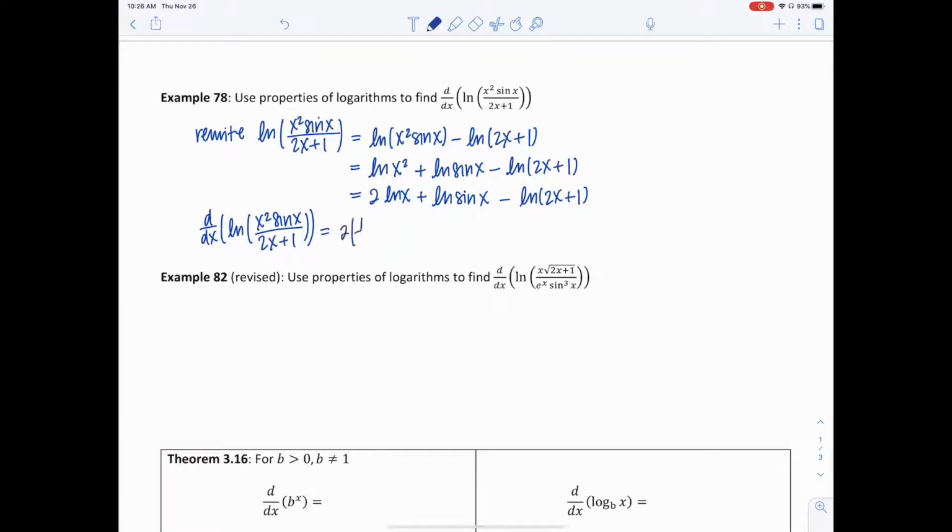I'll write it separately at first, but I am going to combine that. Then here we have a function inside the natural log, so I'm going to put it under the fraction line and then multiply by the derivative of sine x, which is cosine x. And then finally, we have this, so that goes under the fraction line and then times the derivative of that, which is 2.